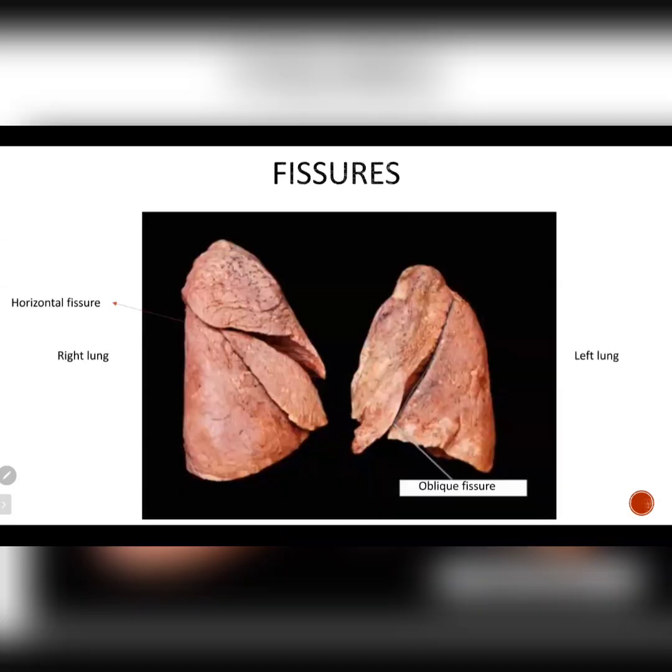So now you may be thinking, can you use the lobes and fissures alone as an identifying feature for the lung? Well, when you get the specimen for your gross anatomy exam, in some specimens of the lung the pleura, the visceral pleura, will still be adherent on the surface of the lung. So sometimes you may get confused as to whether it is the right lung or the left lung based on the presence of the fissures alone, because sometimes the pleura will be covering over these fissures.